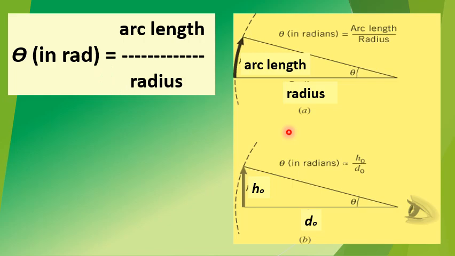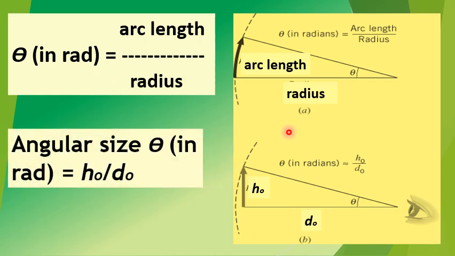In optics, this theta is called the angular size, also expressed in radian, and is equal to h sub o over d sub o, where h sub o is the height of an object as perceived by the eye, and d sub o is how far the object is from the eye lens.